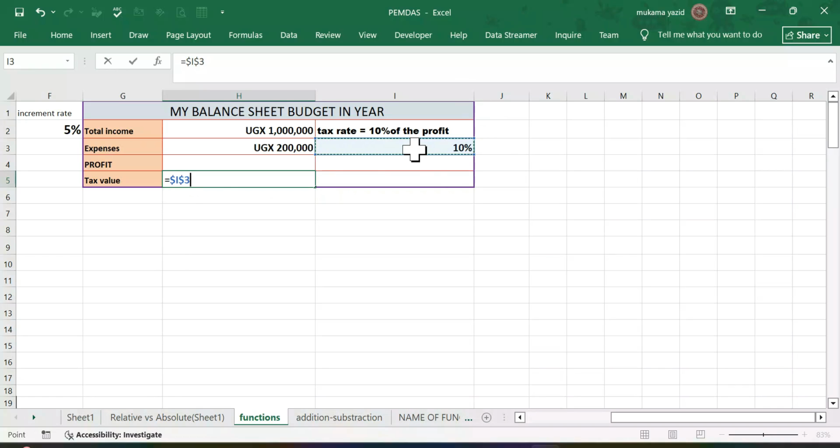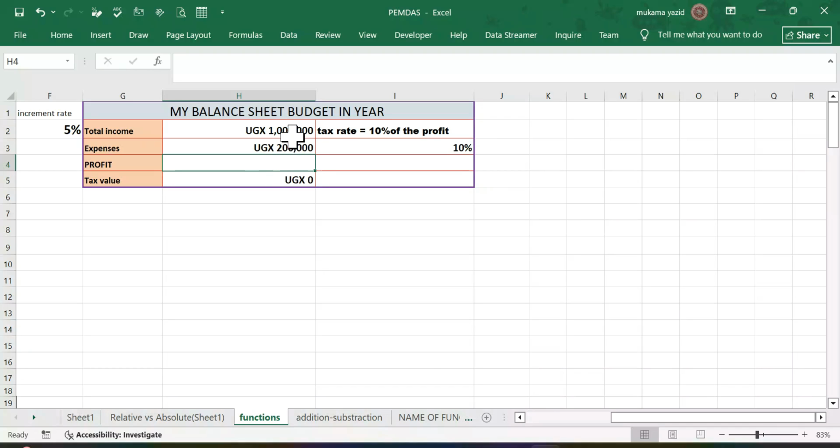Multiply, but they said multiply by 10% of the profit. This is the profit, so press enter. So here we must get the profit. We must calculate the profit.